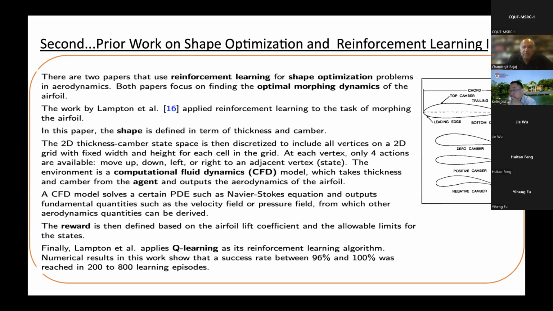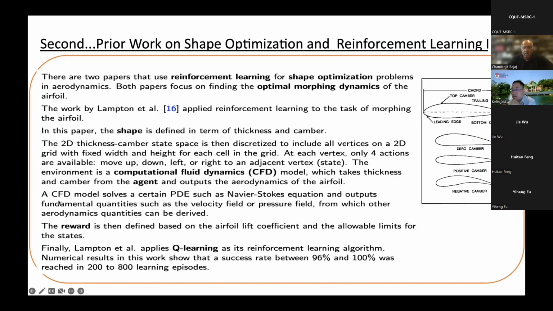The second thing I want to talk about, of course, is that there's a lot of work that has been done, but a brief summary is prior work on shape optimization using reinforcement learning. The two main ones are Lambton. They optimize the shape of airfoils based on computational fluid dynamics models of the environment.